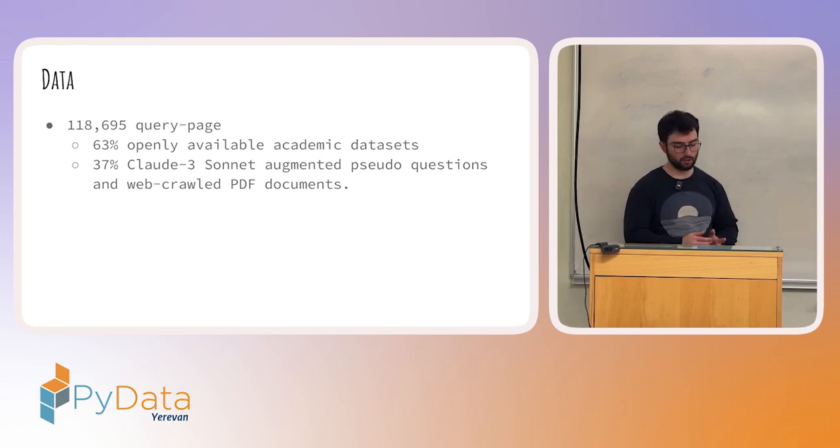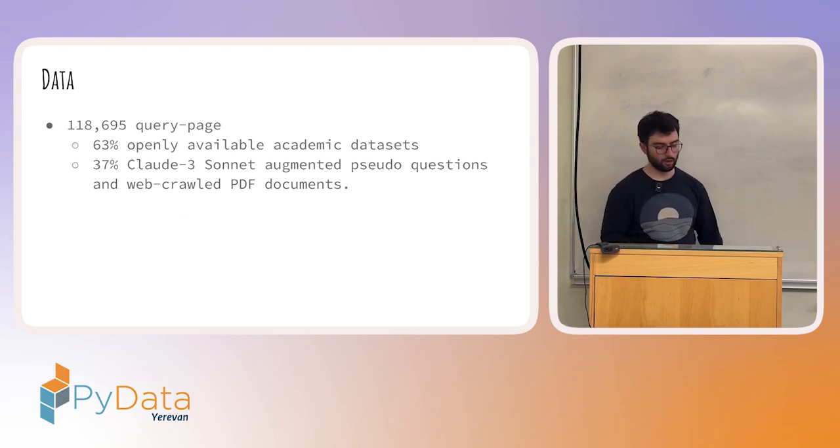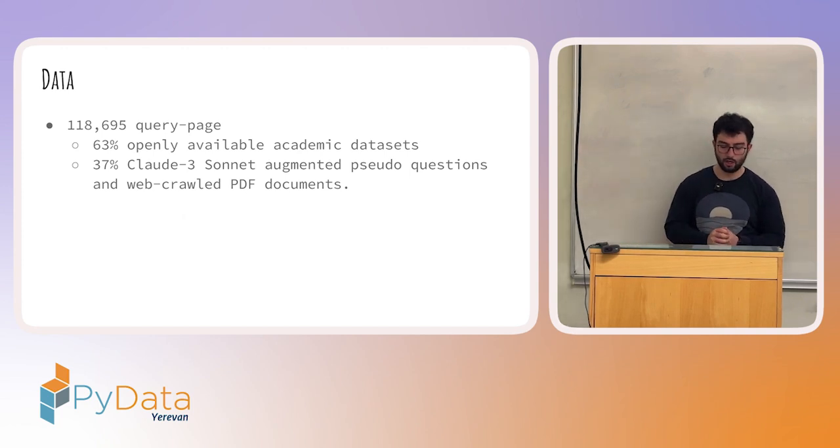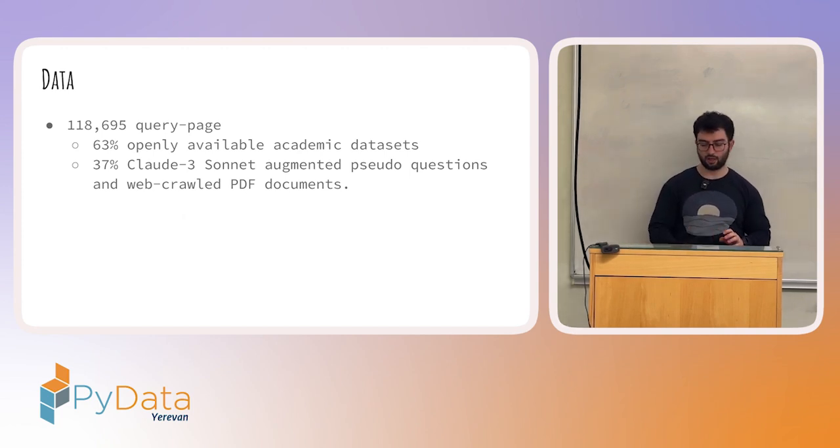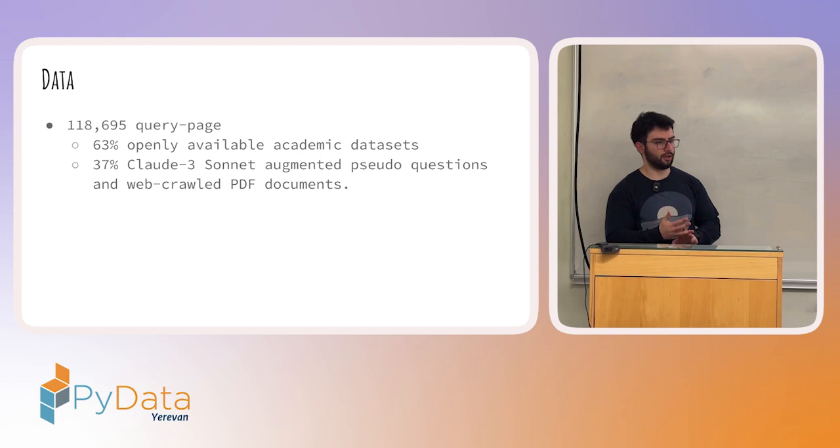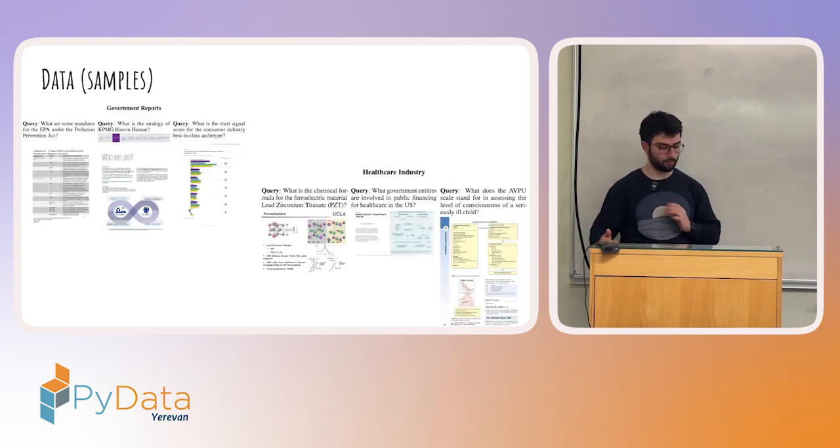So they gathered 180,000 query-page pairs. 63% they took from openly available academic datasets, and for the 37% they scraped a lot of PDFs from the web. For each one, they generated queries using Claude 3 Sonnet, so 37% are synthetically generated queries for real PDF documents.